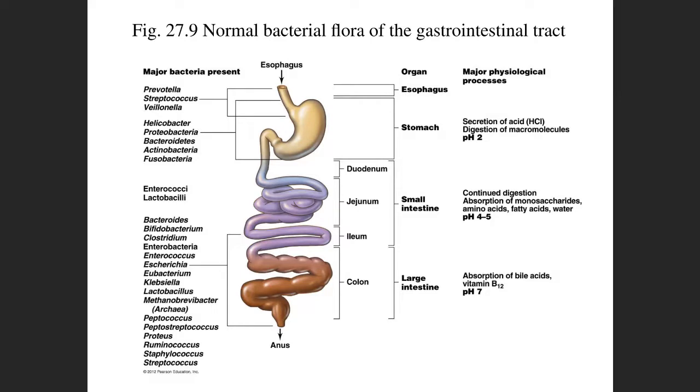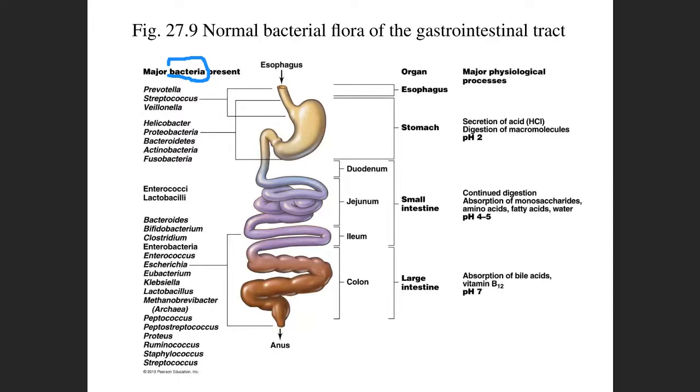So what I like to highlight is that these are on this side. On these, this is the major microbes, the bacteria on different parts of your digestive tract.